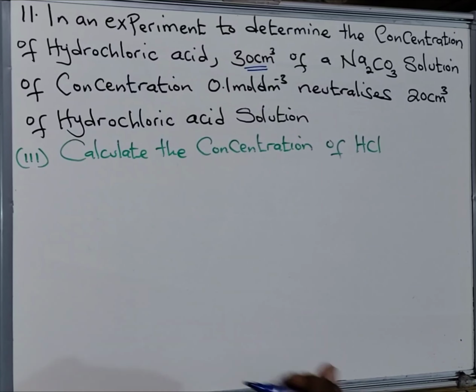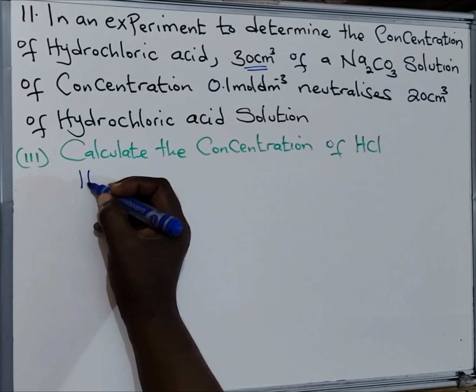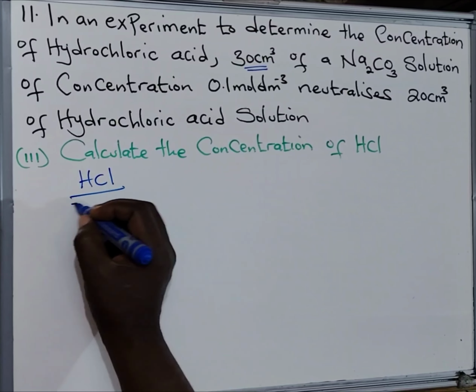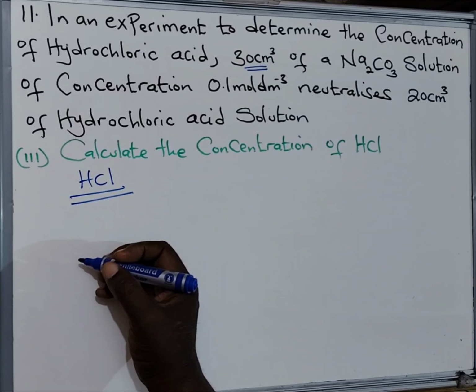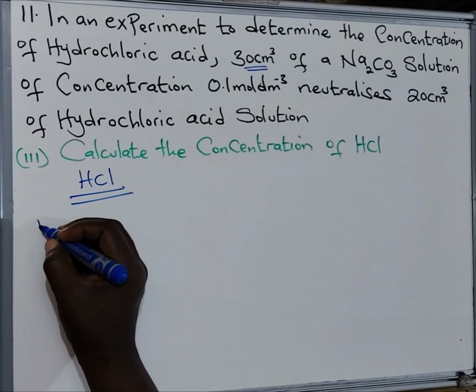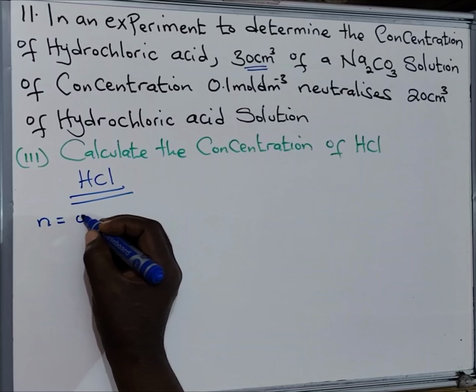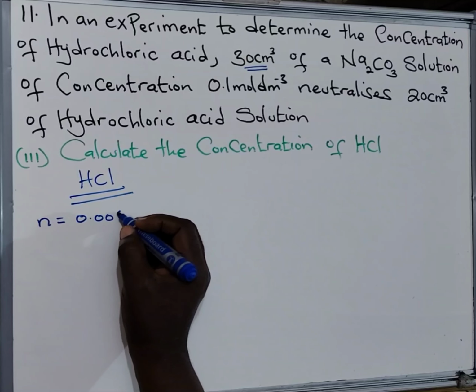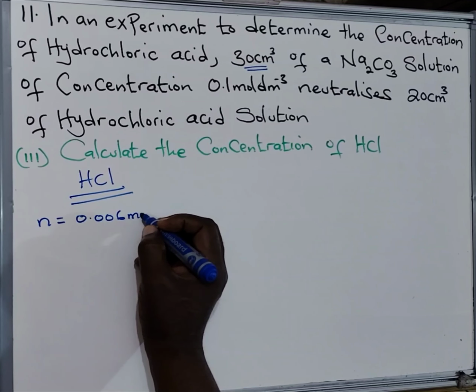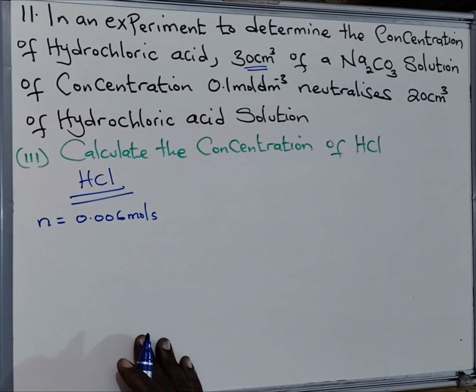So next step is to have all the information about hydrochloric acid. So this is what we know. We know the number of moles which reacted, and it is 0.006 moles. Okay. What else do we know about hydrochloric acid?